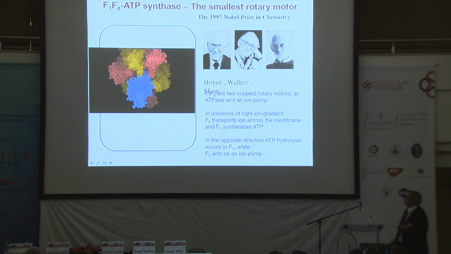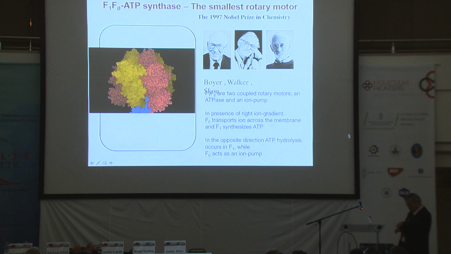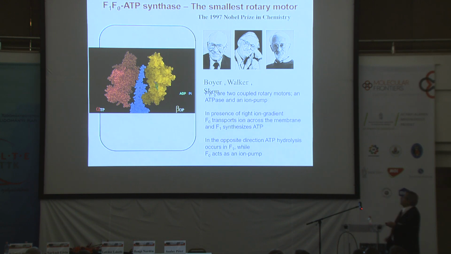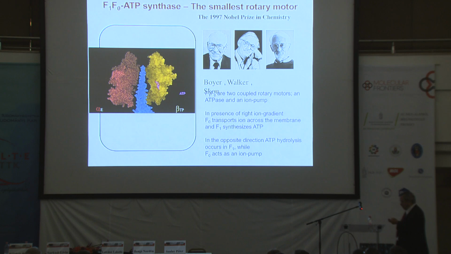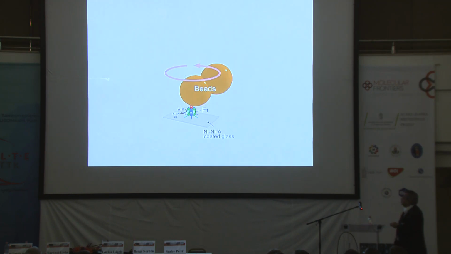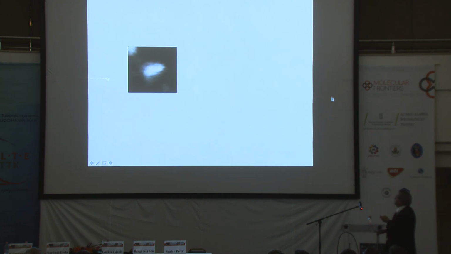It has this central shaft. And when the chemistry occurs, they rotate this shaft and apply torque on whatever is connected to it. Another interesting point, which was found by single molecule spectroscopy: if you connect beads to it, you could actually see the rotation.